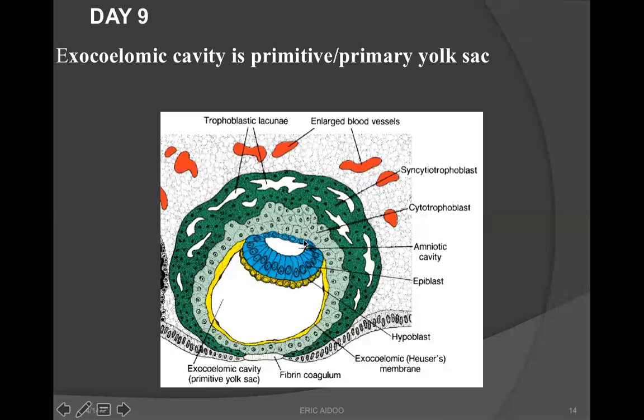Exocoelomic cavity is now called primitive or primary yolk sac. Remember the yellow lining of the blastocyst cavity converting it to exocoelomic cavity. Now the exocoelomic cavity is going to change its name to primitive yolk sac or primary yolk sac. You can still see the epiblast and hypoblast and amniotic cavity there.